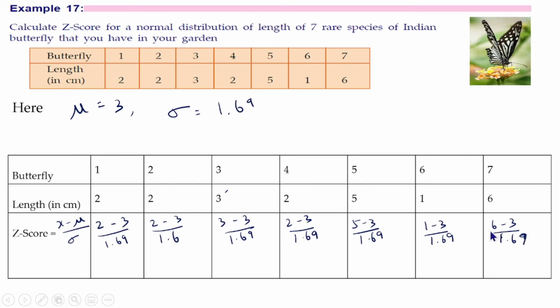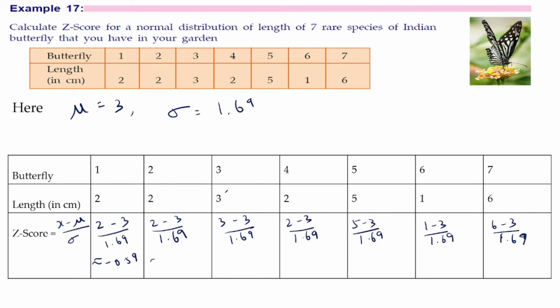So for each of these, 2 minus mu is 3 divided by sigma is 1.69. Then for the next one, x is 2, mu is 3 divided by 1.69. Then for the next type, x is 3 minus mu is 3 divided by sigma is 1.69, and it goes on. Now we can simplify this. So this is approximately equal to minus 0.59.